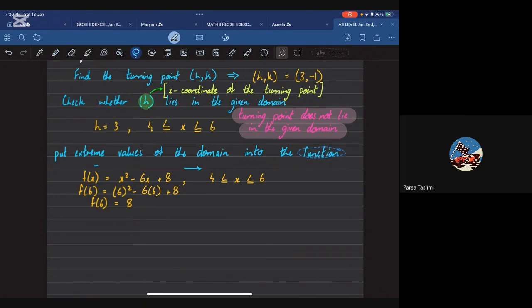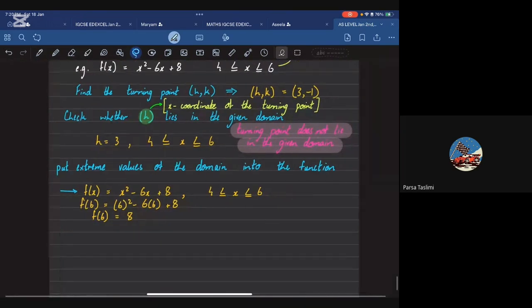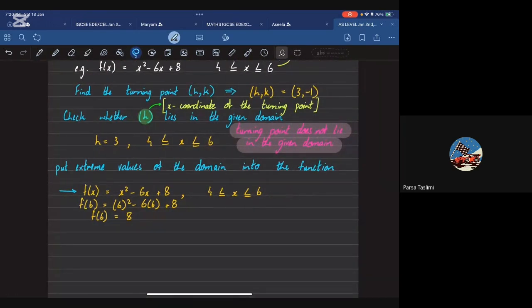We're going to put our extreme values into the function again. That is simply going to make sure we get the values of our range. How are we going to do that?